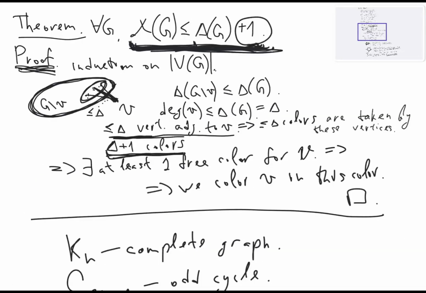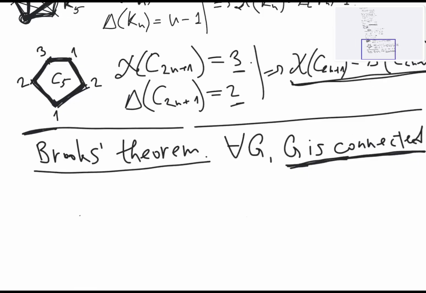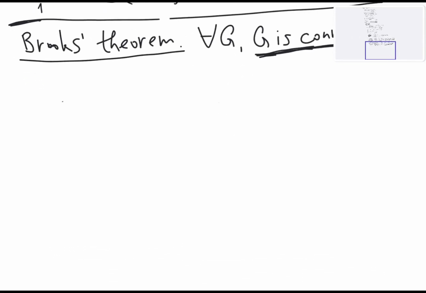Yeah, because the original theorem, this original upper bound, holds for any graph, connected or disconnected. We don't assume connectedness here, but in Brooks' theorem it holds only for a connected graph.